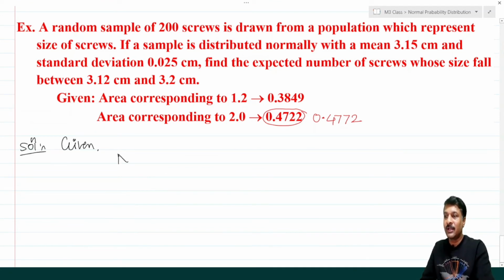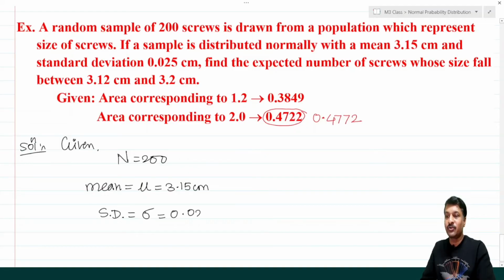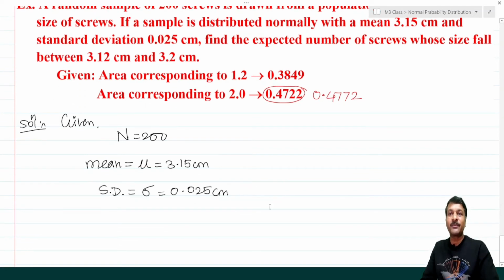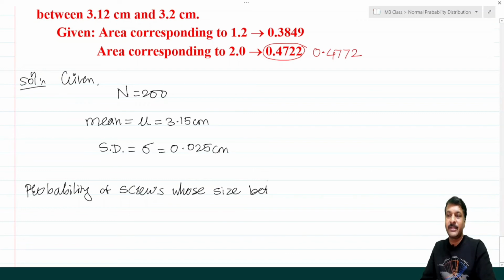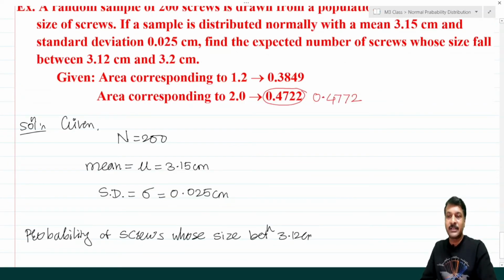So solution here, given things you write first. So total number 200, given mean, you read carefully and you will get here mean mu, that is 3.15 centimeter, and standard deviation, that is nothing but sigma, it is 0.025 centimeter, and find the expected number of screws whose size falls between 3.12 centimeter and 3.2 centimeter.